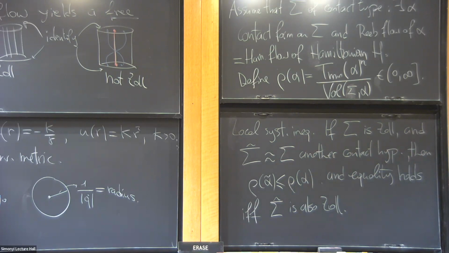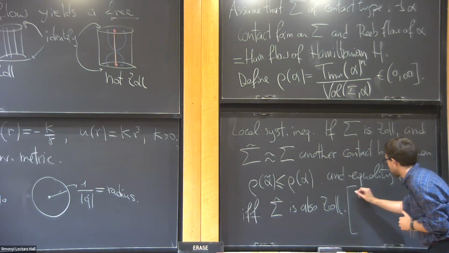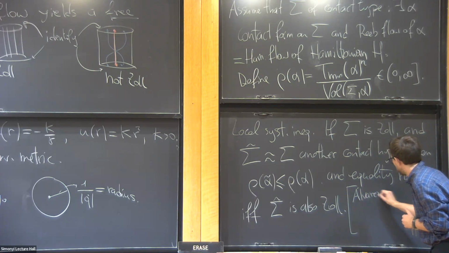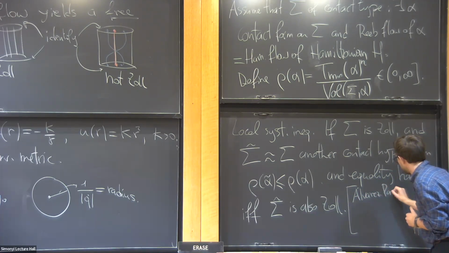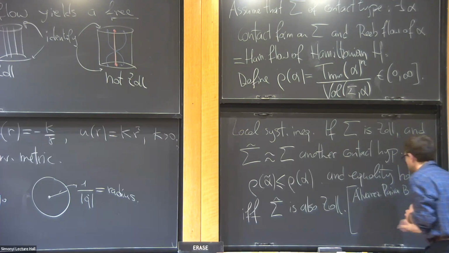There are examples by ABHS, Abbondandolo, Bramham, Hryniewicz, and Salomão. And actually this theorem now has many contributors. I must say that this context was brought by Sivaguru and Balacheff for the first time, who proved a weaker version having some non-degeneracy.